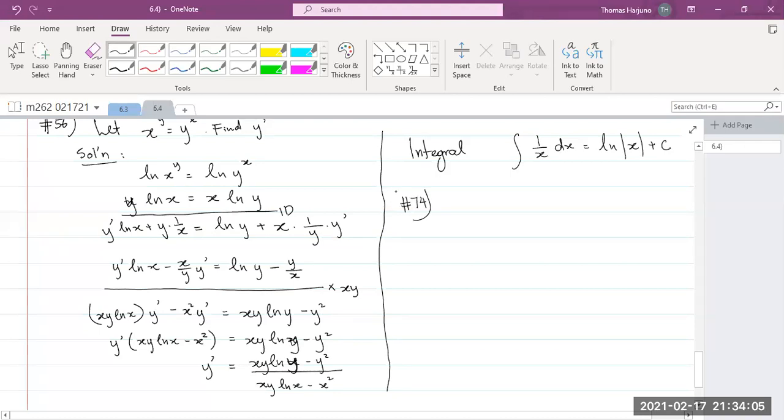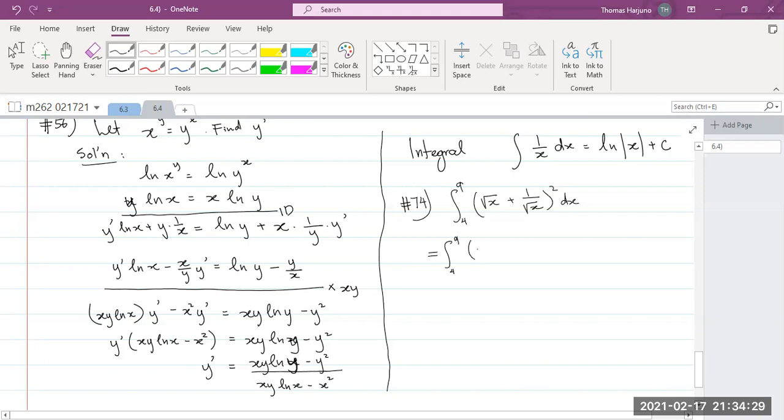Number 74, the integral from 4 to 9 of the square root of x plus 1 over the square root of x, quantity squared, dx. I will FOIL this first. I think foiling that will be a lot easier.